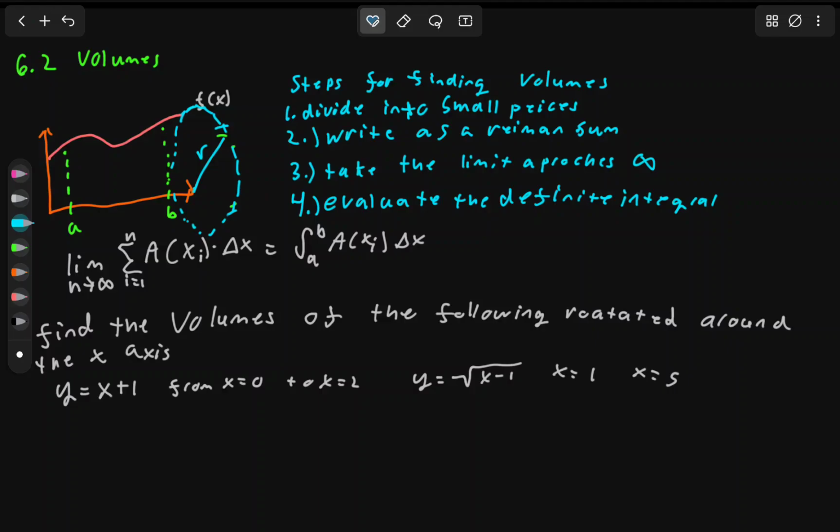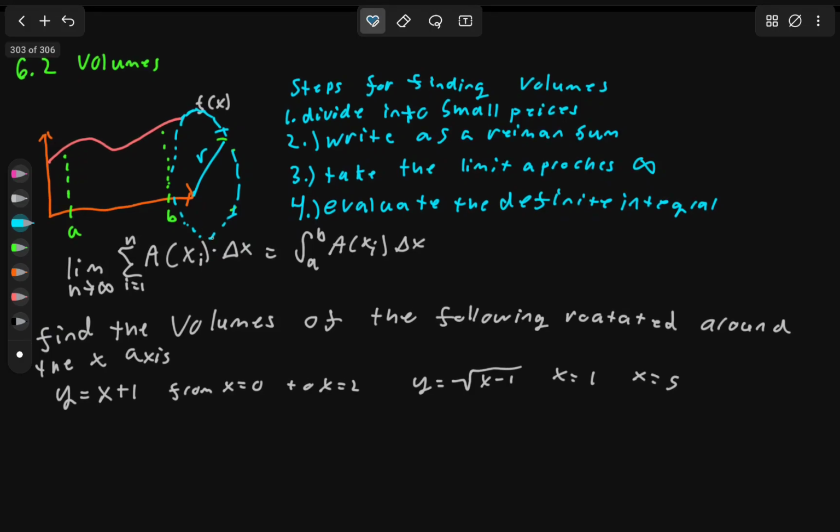Circles don't have any volume. But what we can do is add little changes in x times these circles. So we'll call this a circle with a width of change in x, and a radius of r. Well, what is r, you might ask? r is just the value of f of x.